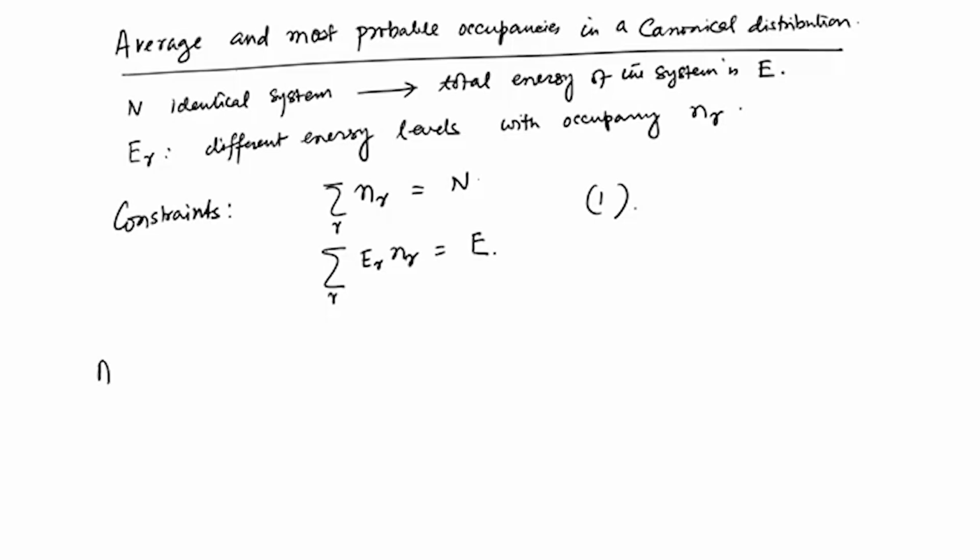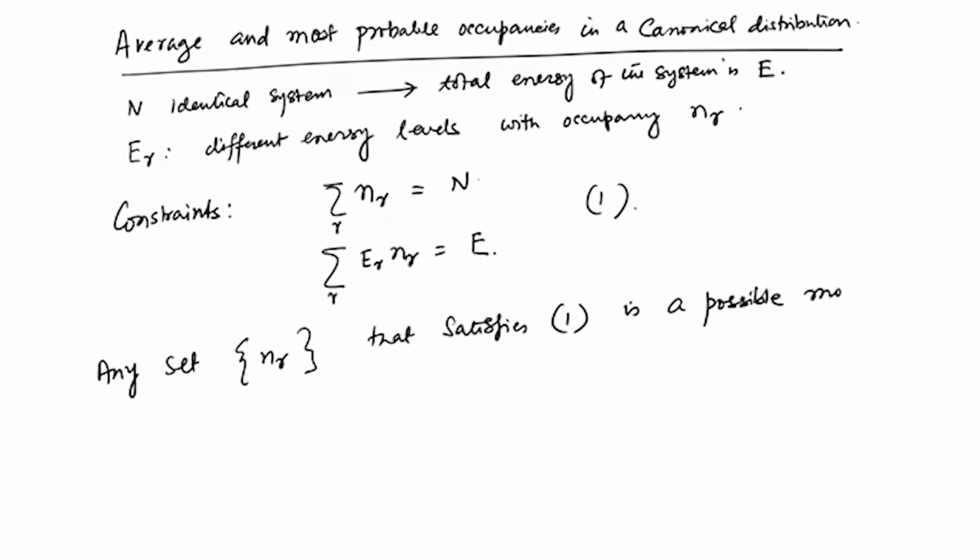So, any set N_R that satisfies 1 is basically a possible mode of the distribution. What I mean is the following. Let us consider 3 energy levels, E1, E2 and E3, and we have 10 particles.